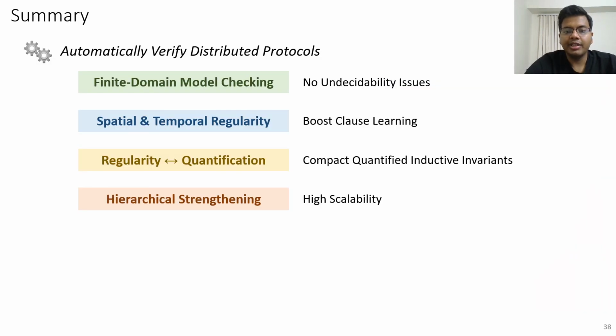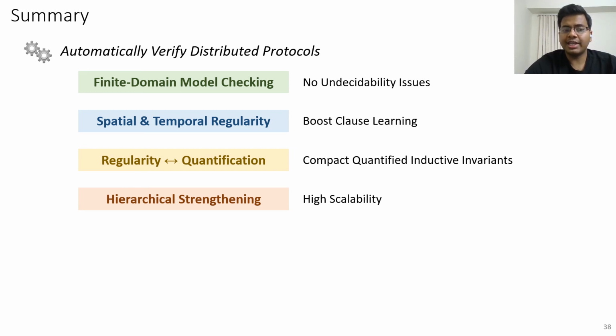In summary, we can verify distributed protocols automatically without any undecidability issues, using spatial and temporal regularity to derive compact quantified inductive invariants by using finite domain model checking and incorporating different structural features inherent in distributed protocols.